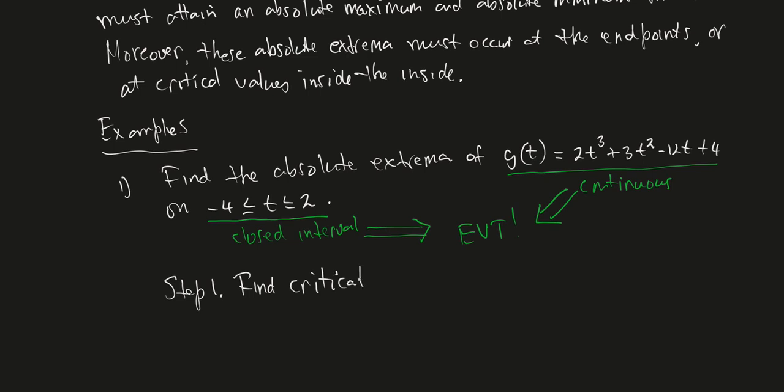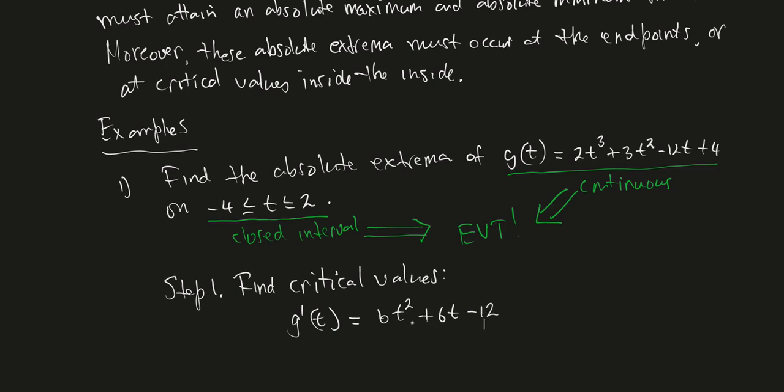You take the derivative, set it equal to 0, and see if we get any critical values between -4 and 2. So g prime of t is equal to 6t squared plus 6t minus 12.